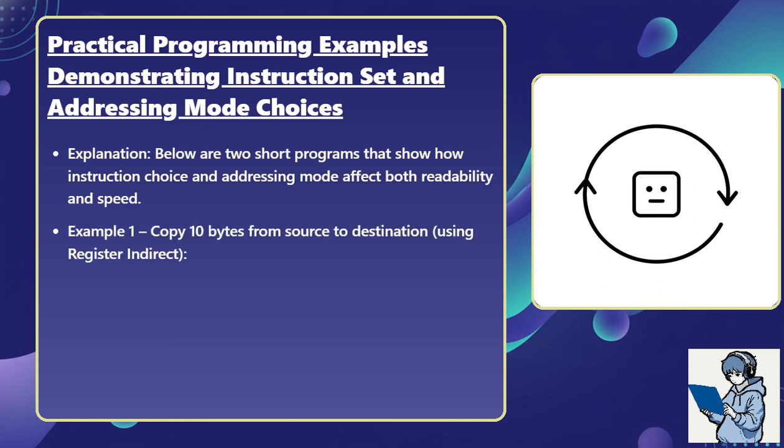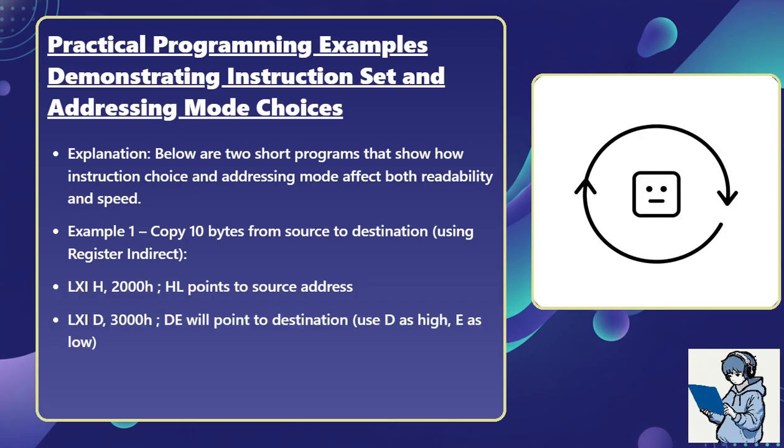Example 1 - copy 10 bytes from source to destination using register indirect. LXI H, 2000: HL points to source address. LXI D, 3000: DE will point to destination. Use D as high, E as low. MVI B, 0AH: B equals 10 bytes to copy.